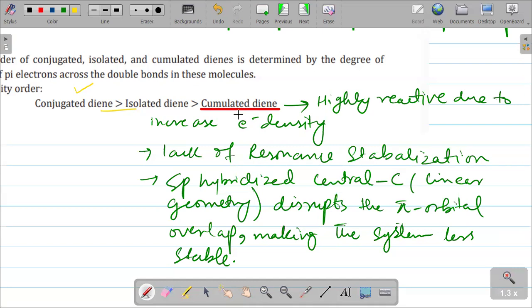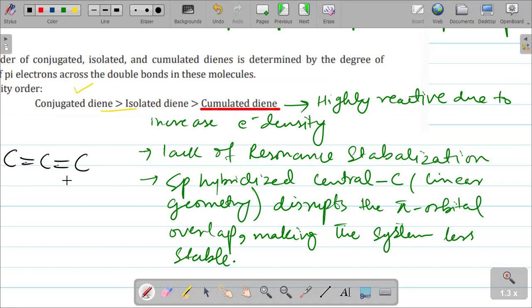The reason is that the cumulated diene is highly reactive due to increased electronic density. Secondly, it lacks resonance stabilization, because in the cumulated dienes the double bonds are present on adjacent positions, right? So here the resonance effect is not perfect, and it lacks the resonance stabilization.